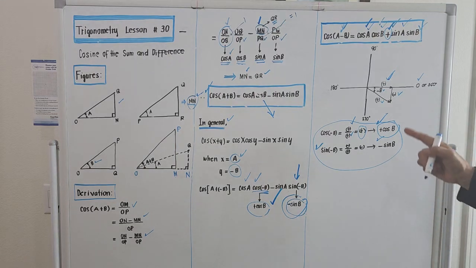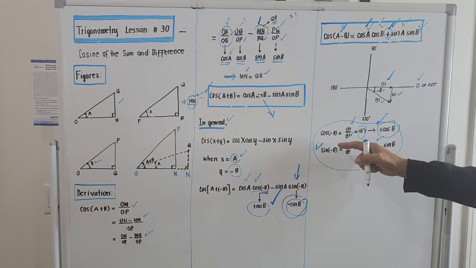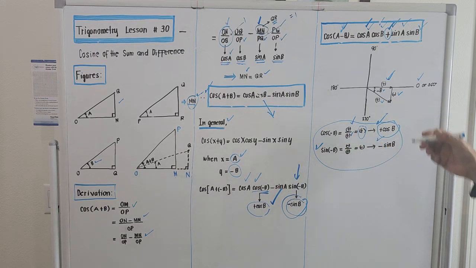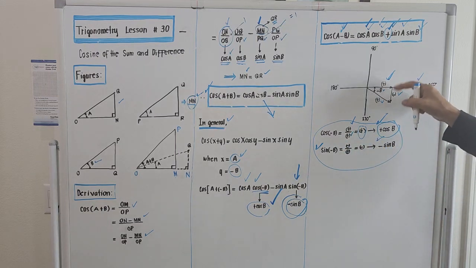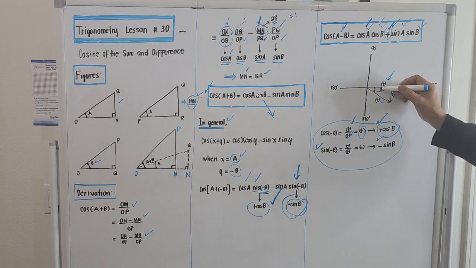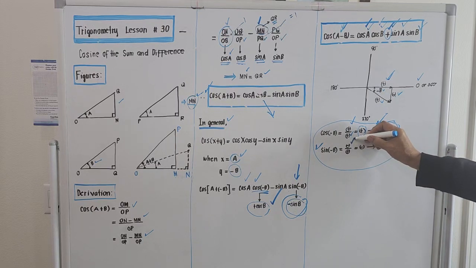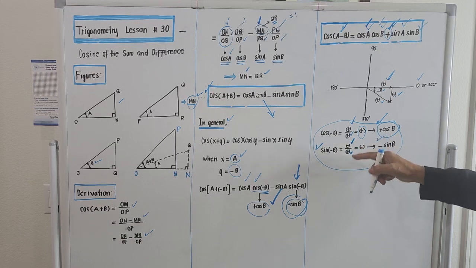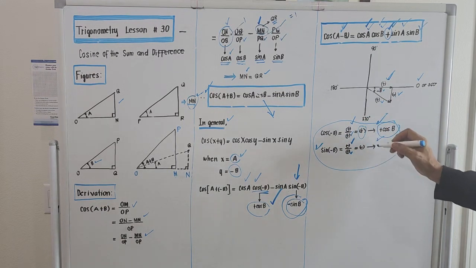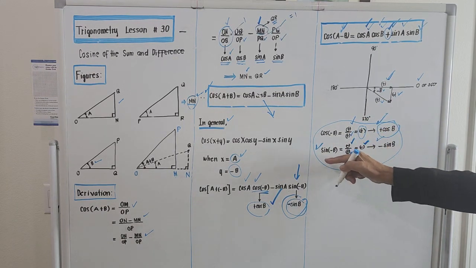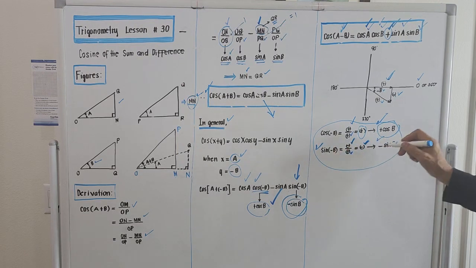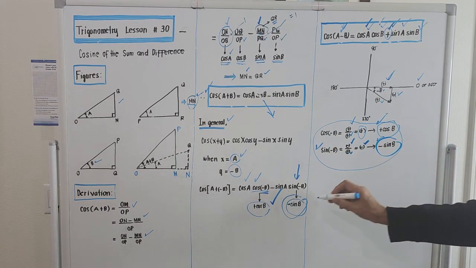Second one, if we determine the sine of a negative angle B, sine is actually opposite over hypotenuse, right? Because considering this angle, this is the opposite side. So it should be the ratio minus, we are just taking note of the sign, over a plus. A minus over a plus, that's a minus. So sine of negative angle B will be minus sine of angle B in this case.